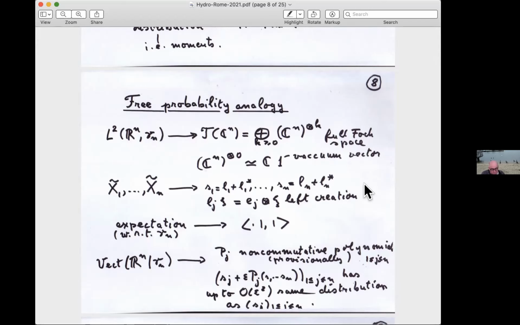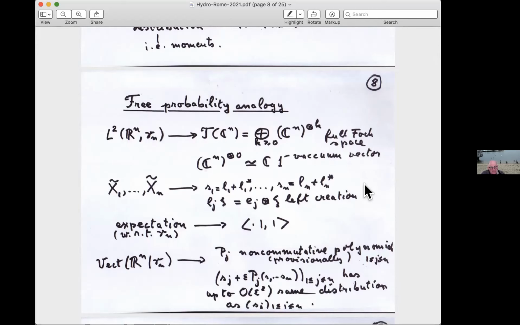And now the analog of the vector fields, which preserve the Gaussian measure infinitesimally, here it's complicated to deal with very general increments. So we start and look at polynomial increments, non-commutative polynomials.